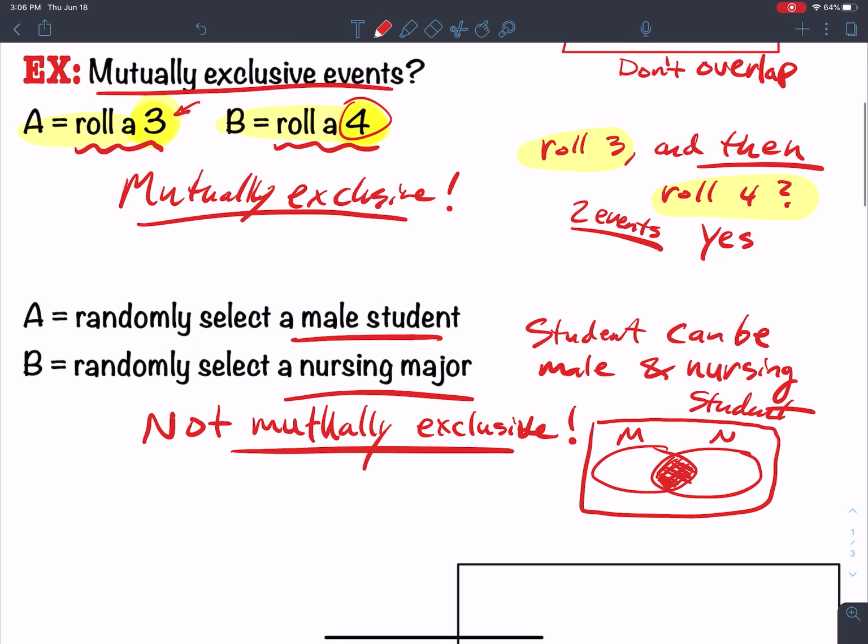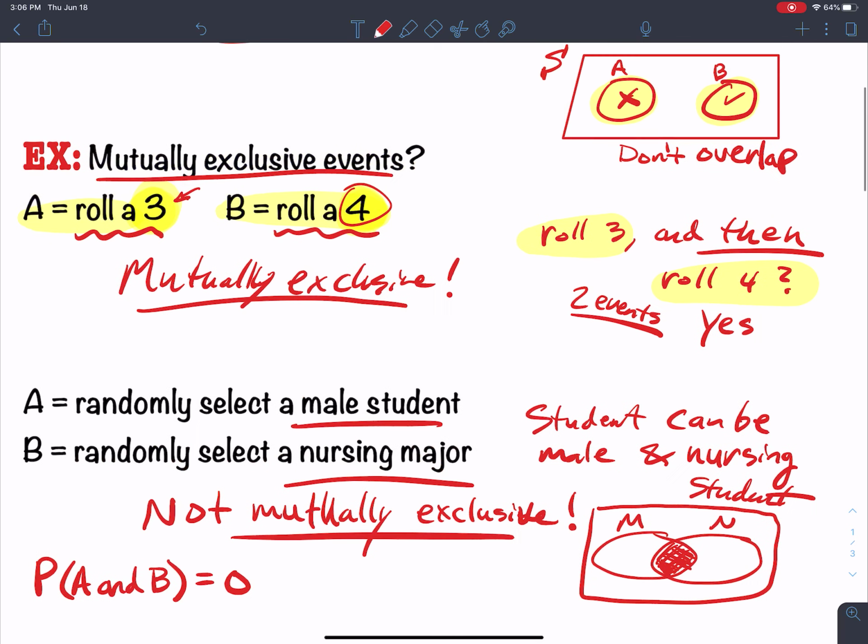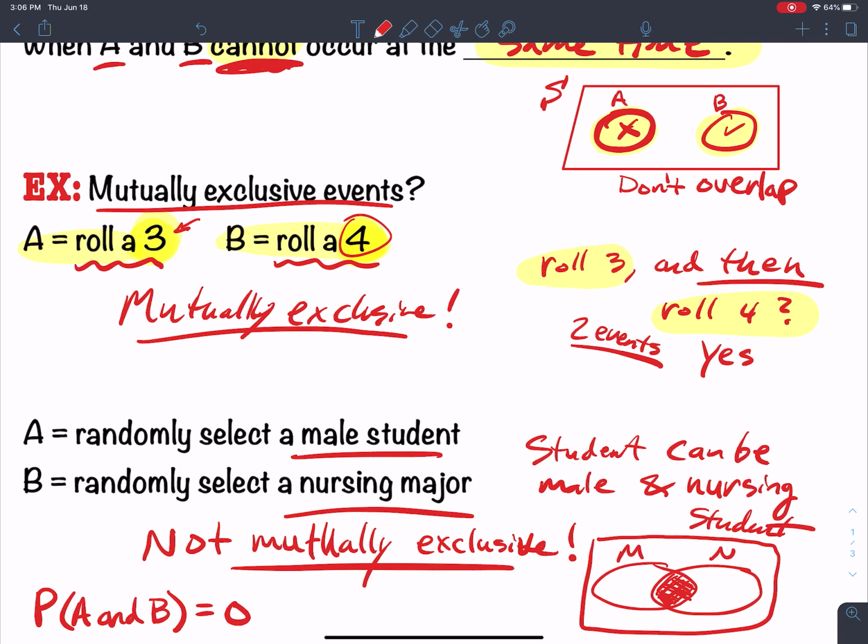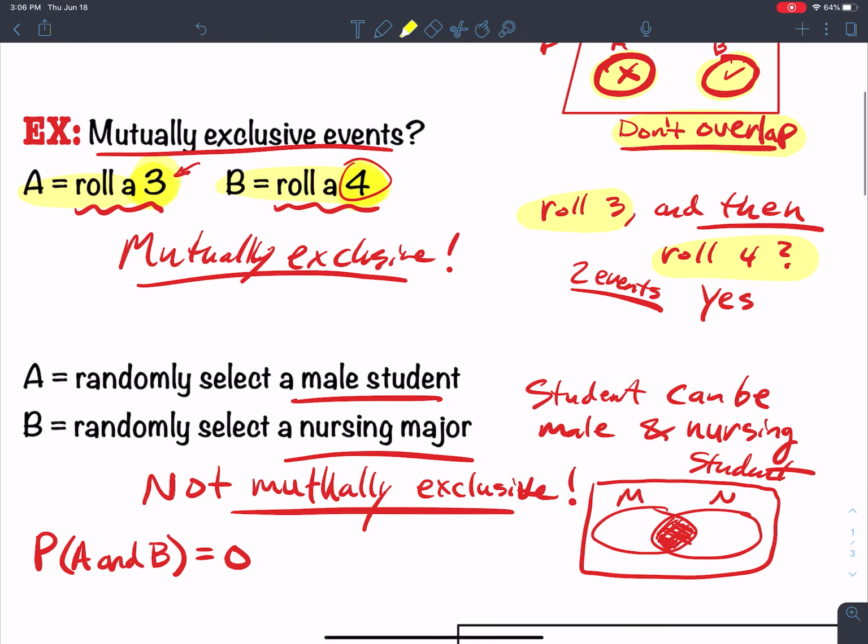So what are we saying here? If the probability of A and B is equal to 0, meaning they don't overlap, then A and B are mutually exclusive.